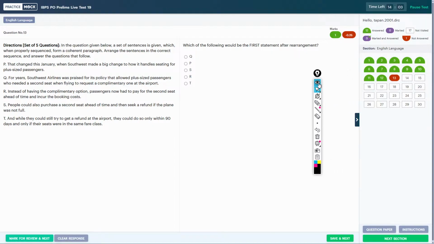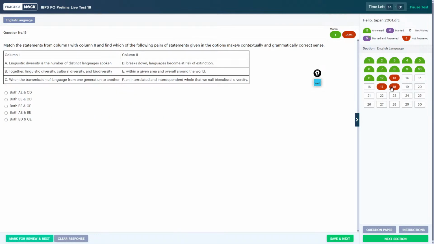PQRS. Linguistic diversity is the number of distinct languages spoken. Together, linguistic diversity, cultural diversity, and biodiversity.